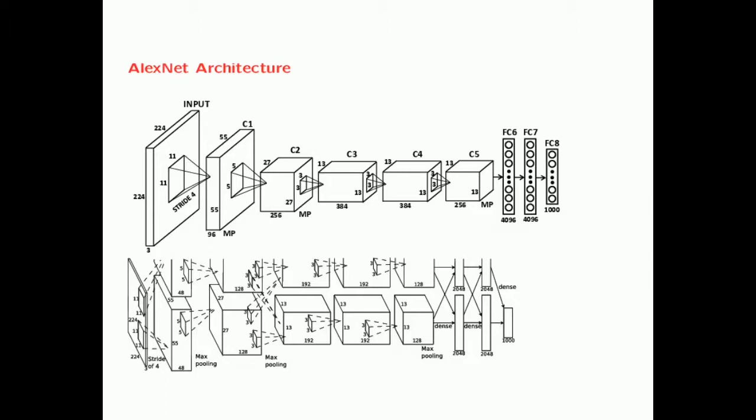Then in the second set of convolutions, you're using 5 cross 5 convolutions, but you're also combining it with MaxPooling. And because you're using MaxPooling, the spatial size of the layer again reduces drastically to 27 cross 27. So the MaxPooling I've shown as MP in the top diagram.